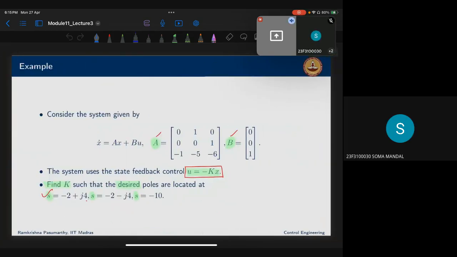You can see this example also. For a 3 by 3 system, A and B matrices are given. We are using the state feedback u is equal to minus Kx. The desired poles you want to place are 3 poles at minus 2 plus j4, minus 2 minus j4, and minus 10, these are the 3 locations mu1, mu2, mu3.